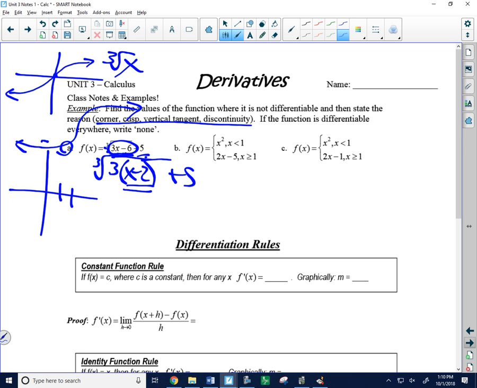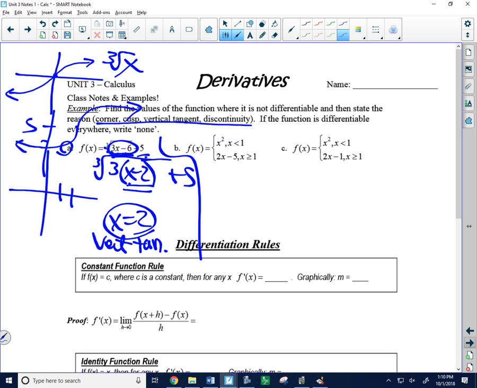It's also moved up 5, but that doesn't affect the x coordinate for the vertical tangent. It's at x equals 2. It says name the type: it's a vertical tangent. Again, if you didn't know, you could use a graphing calculator here. The other thing you could do is just set 3x minus 6 equal to 0, and that would give you the x coordinate of 2 as well.